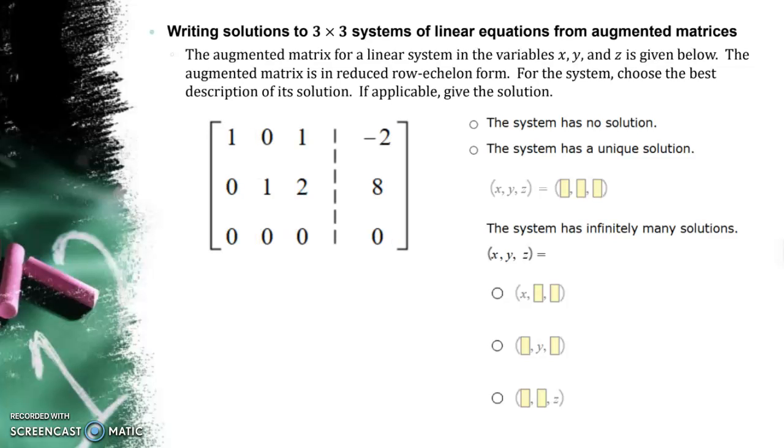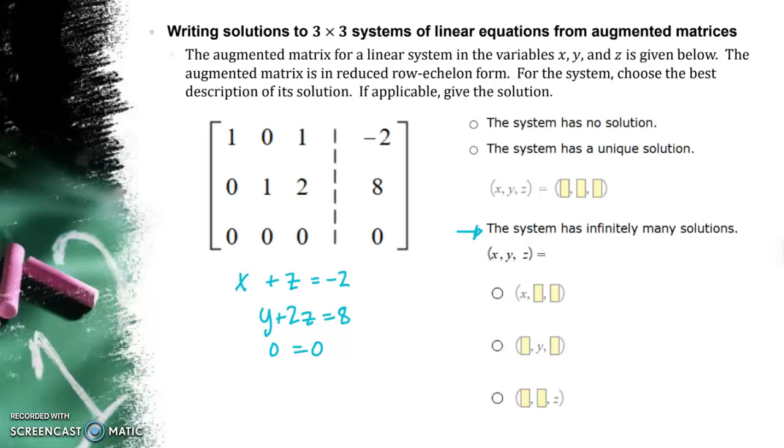Okay, let's look at this one. This one says that x plus z equals -2, and it says that y plus 2z equals 8, and then it says that 0 equals 0. So the 0 equals 0 signifies that we're going to have infinitely many solutions.